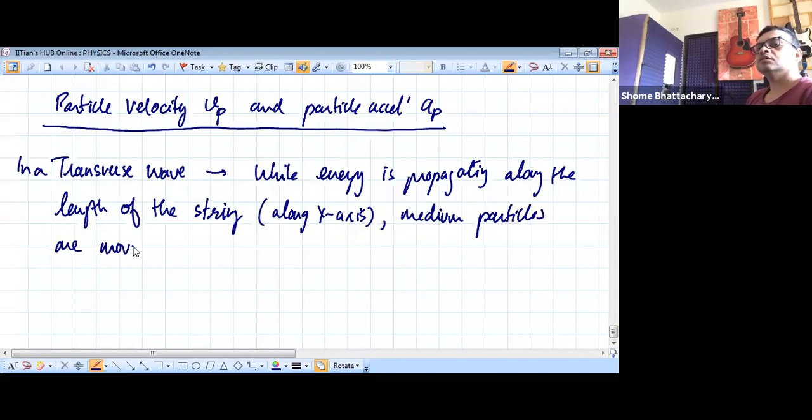They are moving along the transverse direction, which is nothing but the y-axis.